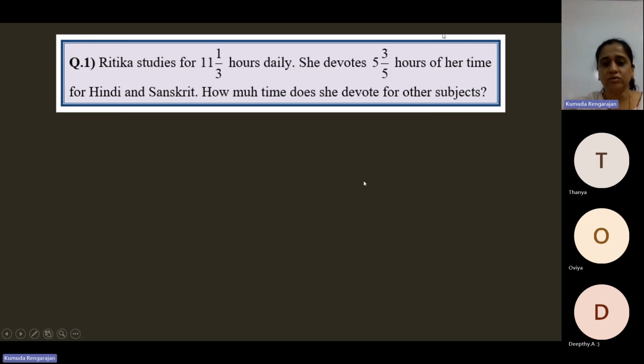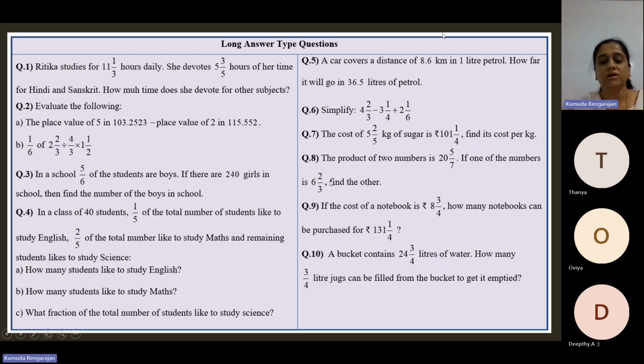So I have an instruction for the online children. Listen carefully. Take a screenshot of this image. Take a picture of this image. I can also put it on WhatsApp for you.